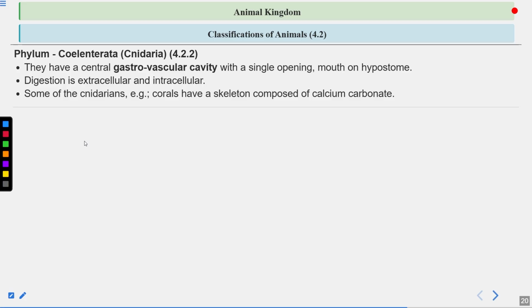Not all, some cnidarians, like the one mentioned here, corals. We see these corals in the deep sea. They have a deposition of calcium carbonate that provides some sort of skeleton-like thing, and it becomes very hard, corals.